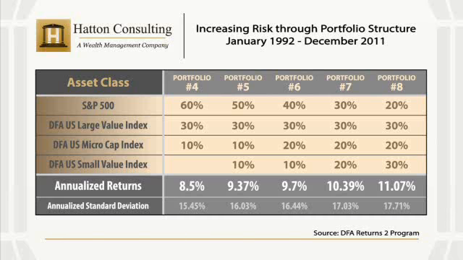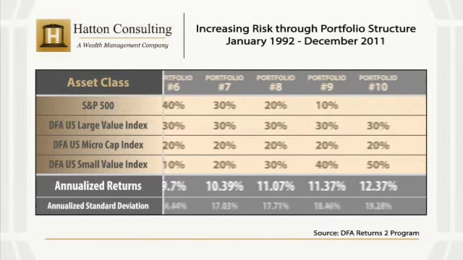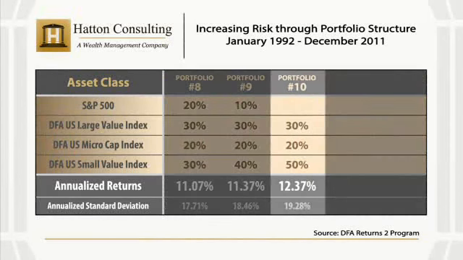For instance, a portfolio invested in 50% S&P 500 and 50% small cap and value stocks delivered a return near 9.5%. A portfolio of all small cap and value stocks returned better than 12% annually.